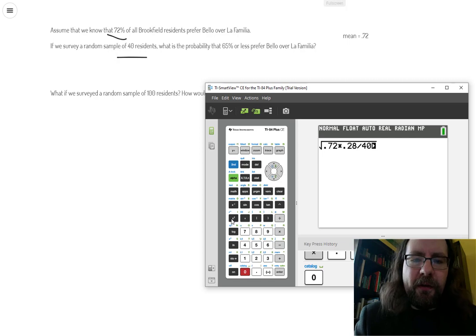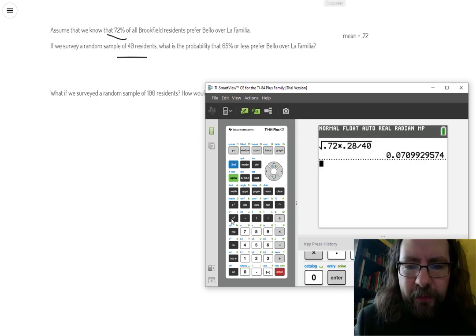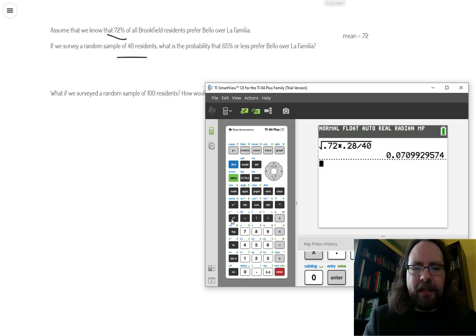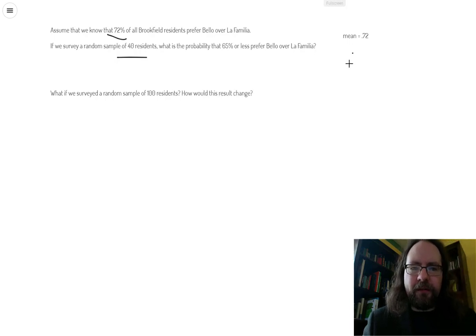According to my calculator, the standard deviation of this distribution should be about 0.07099. I'm going to round that to 0.071. So let's make a note here.